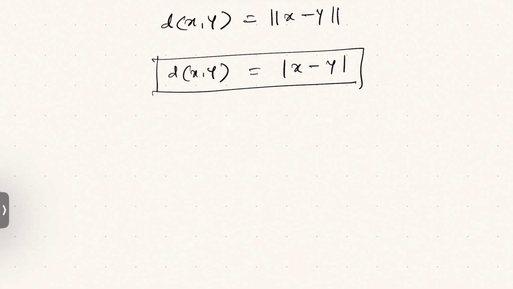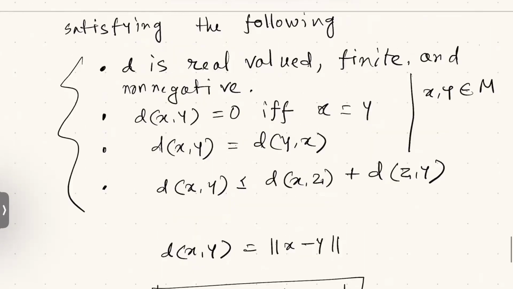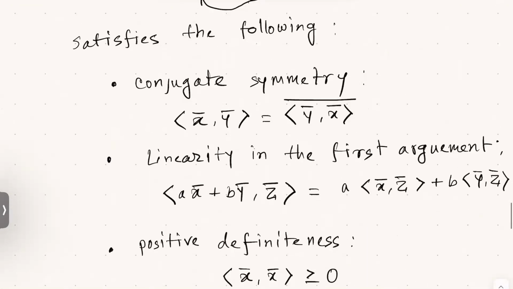So when we define an inner product, we prefer the linearity in the first slot because you can define the norm using that inner product, and also the conjugate symmetry, because in complex numbers you have the conjugate of a complex number.